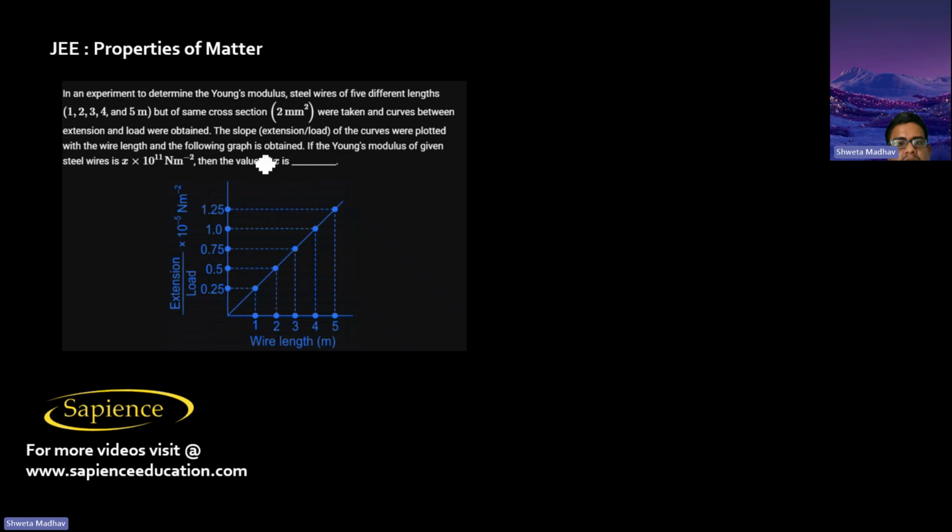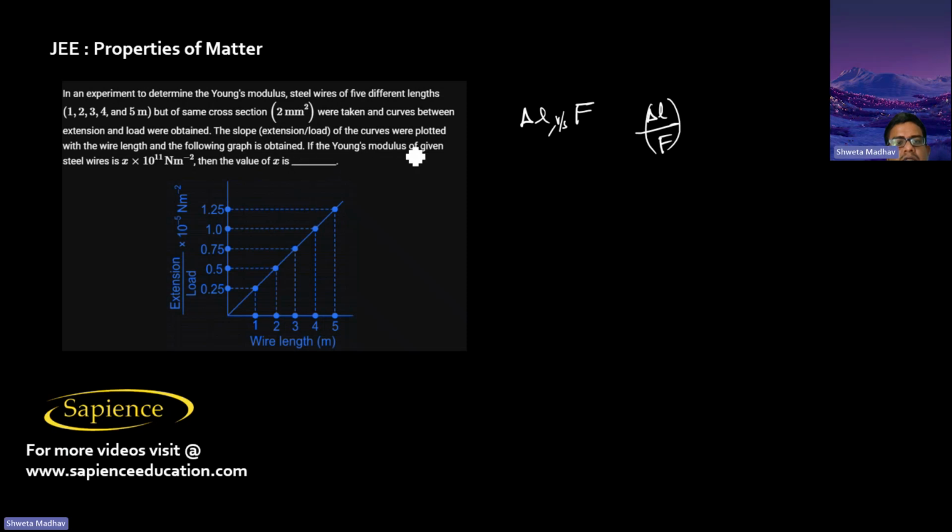So it is the curve in between the extension and the load, means delta L versus F. The slope of extension versus load of the curves were plotted with the wire length, and the following graph is obtained.